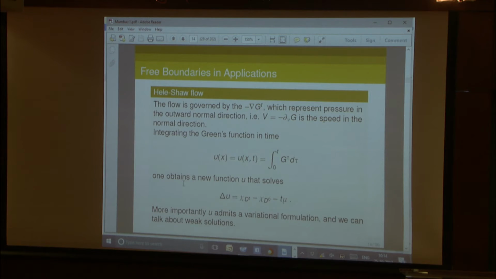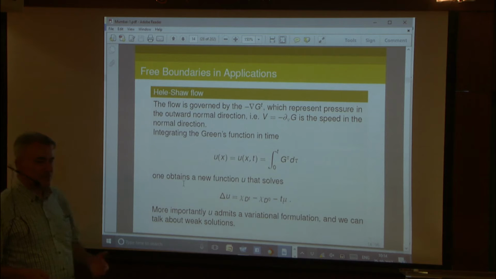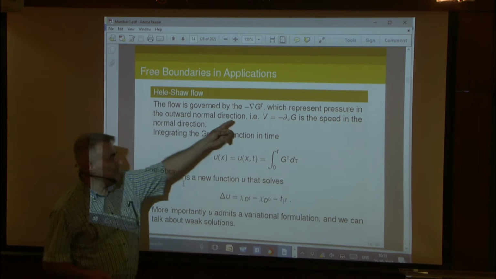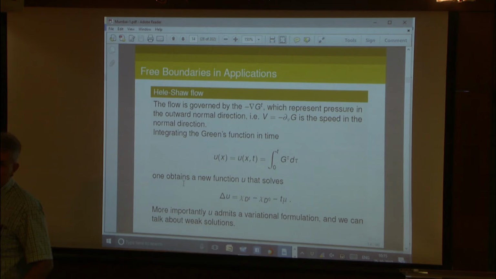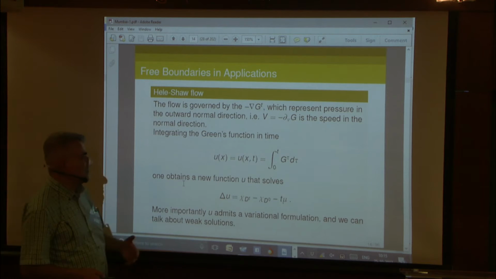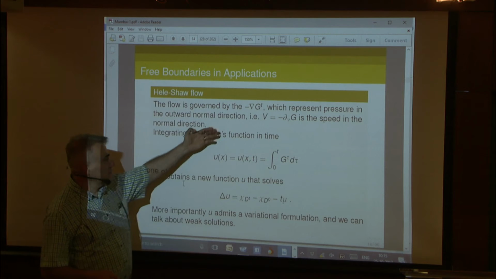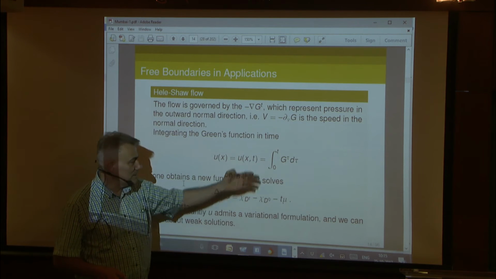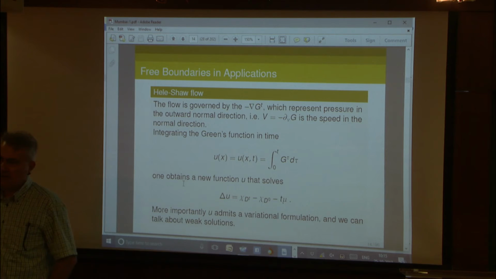You see that problem is not even defined, because you're talking about things that are driven by the gradient of G on the boundary, and that boundary might not even have a normal vector at the beginning. So this is not a well-posed problem in the sense that it's not well defined. So we try to solve it some other way, and we come up with the idea that we can actually integrate this in time.